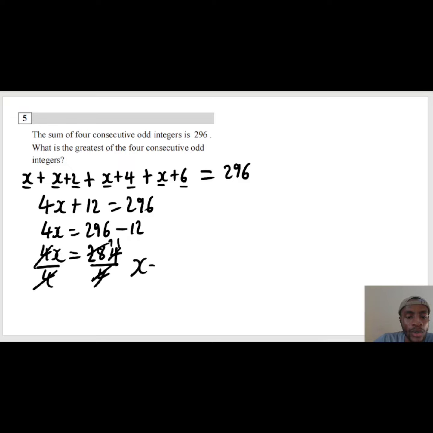So my x is equal to what? 71. But the question says what's the greatest of the 4 consecutive odd integers. The greatest is this one here, x plus 6. So x plus 6 equals 71 plus 6. So my answer is what? 77.